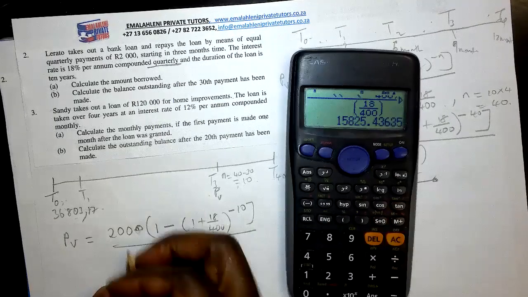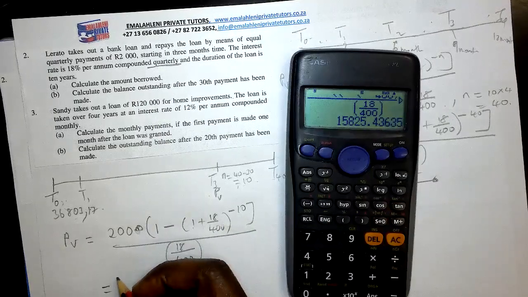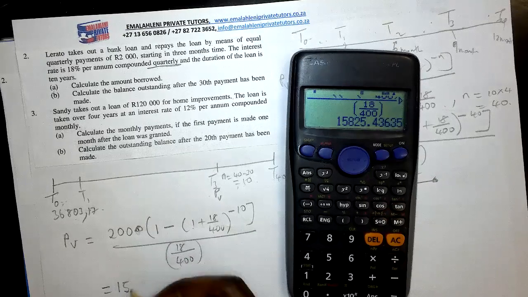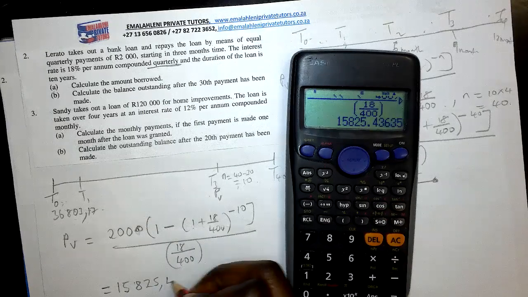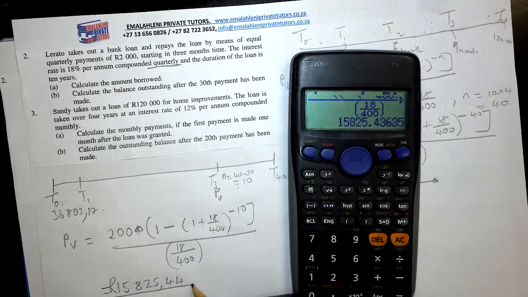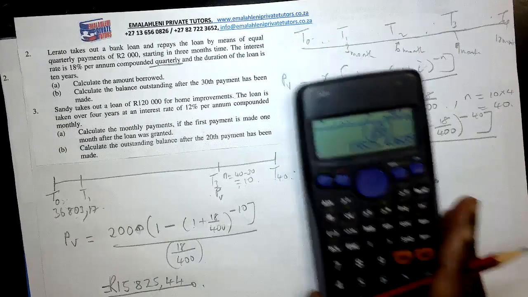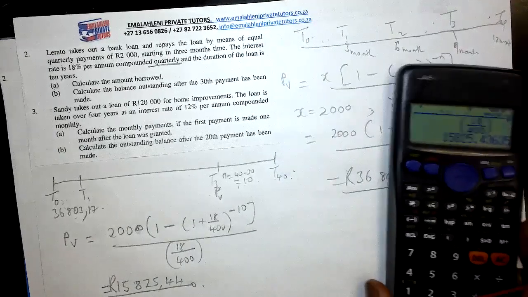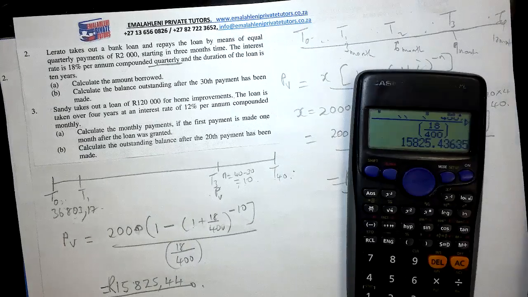Then what do we get there? We get 15,825.44 rand.